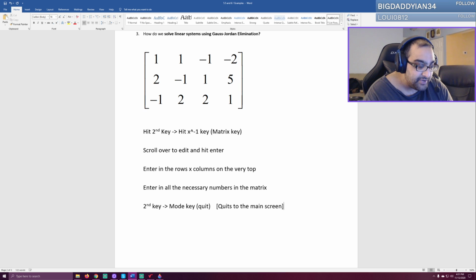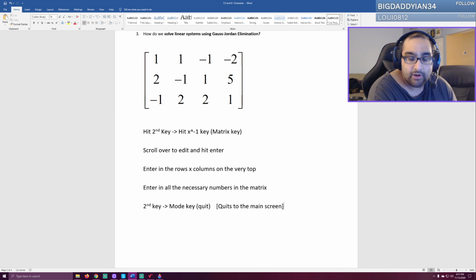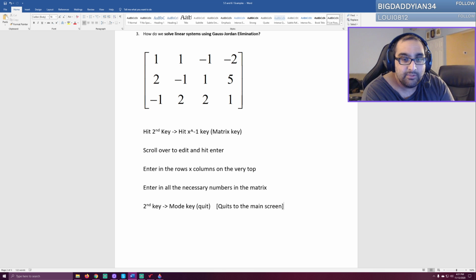There may not be anything on the main screen, but it's one of those habits on the calculator that is actually very important, especially for matrices. If you decide to go to another submenu and then call another function, it'll accidentally put that function in place of that number, and it'll tell you syntax error or something like that, and then you're going to have a lot of problems.